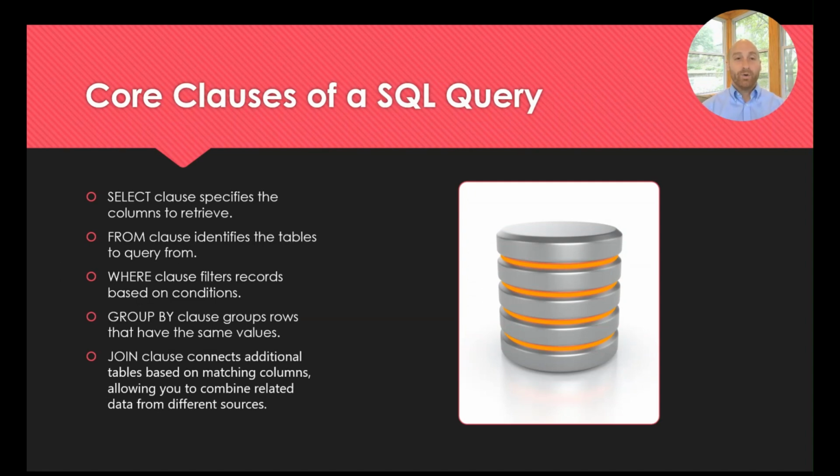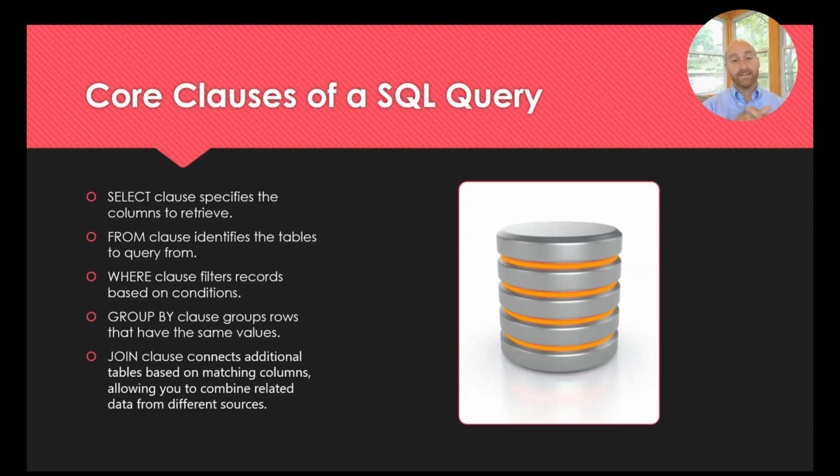The basic core parts of a SQL statement are clauses, and these are the different types of clauses. There's a select clause, a from clause, where, group by, and join. The select clause is where we specify the columns we want. The from clause is telling the statement what table to look in.